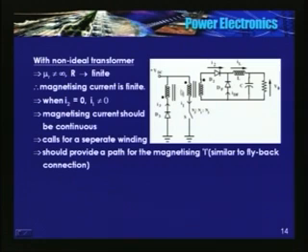Voltage applied to the primary is VDC. So the voltage induced in the tertiary winding with N3 turns is VDC into N3 divided by N1.